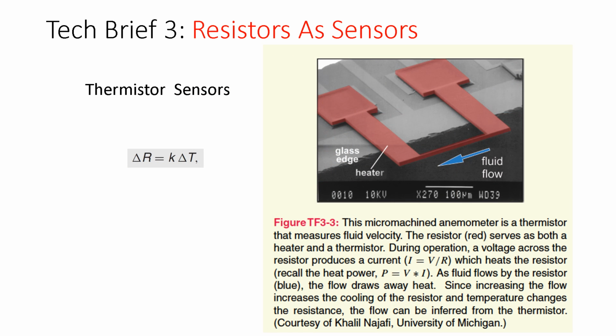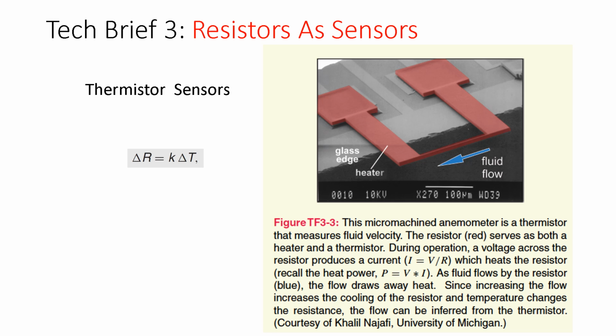Here we have another cool resistor as a sensor, and this is a resistor as a fluid flow sensor to be able to determine how much flow is happening. And these have very, very high resolutions, and you can get very, very accurate amounts of fluid flow using this technique. So on the left, we have this simple little math equation, which says the change in resistance equals K times the change in temperature.